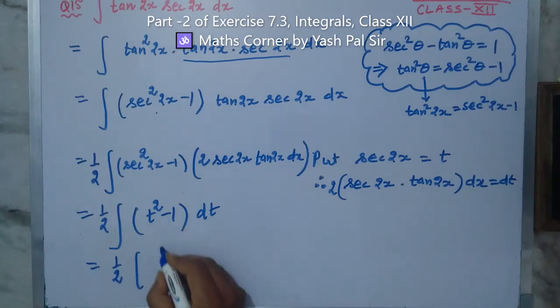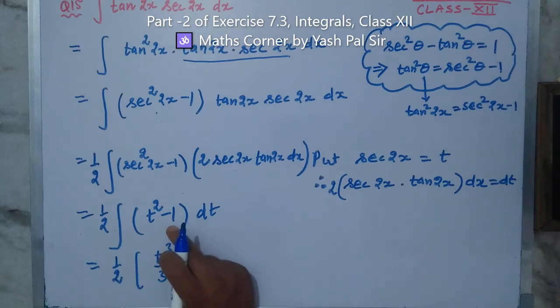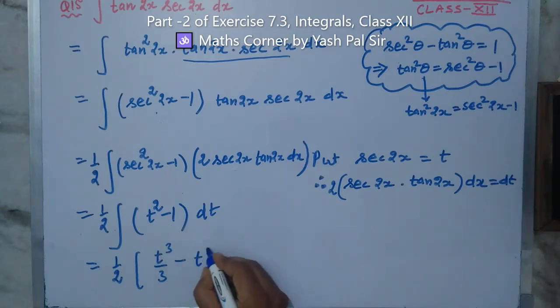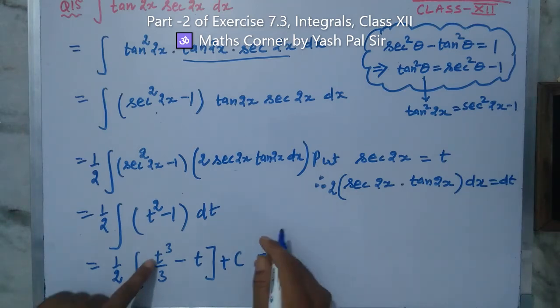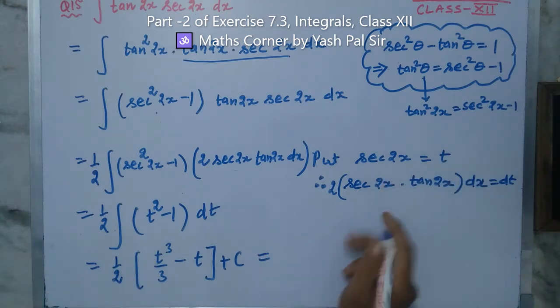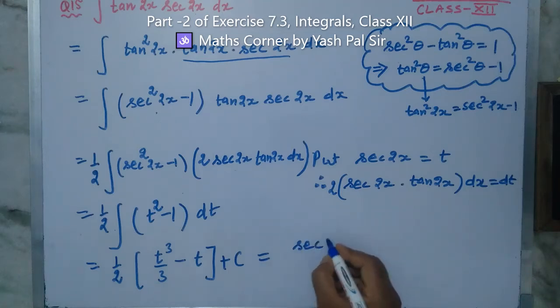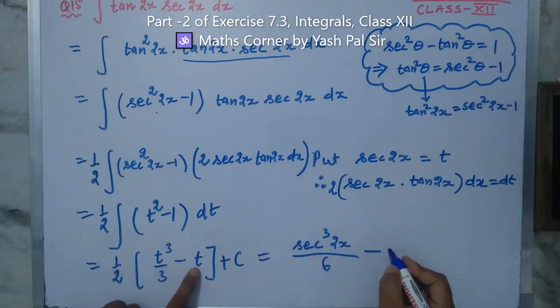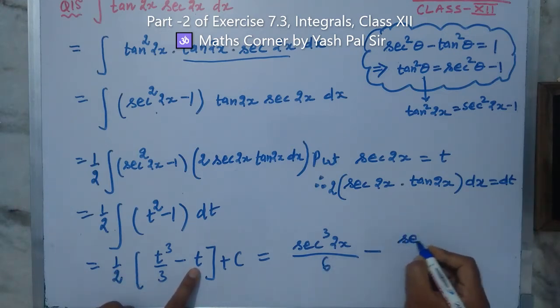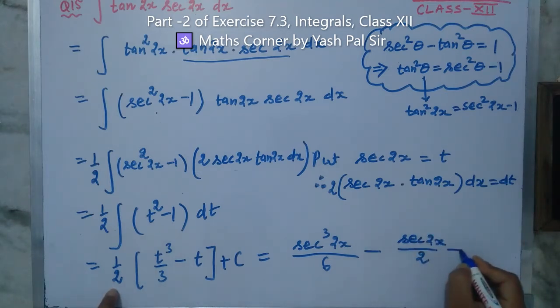Integration of t square is t power 3 upon 3 minus 1 integration is t plus c. So this is equal to now t cube, t mean secant 2x, secant power 3 of 2x, whole divide 2 into 3, 6 minus t, secant of 2x upon this 2 plus c is the final answer.